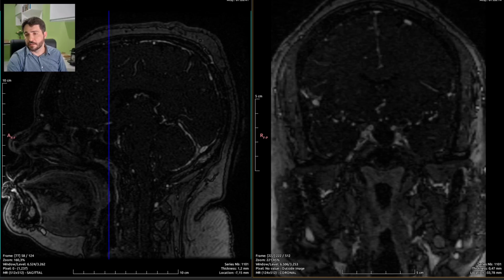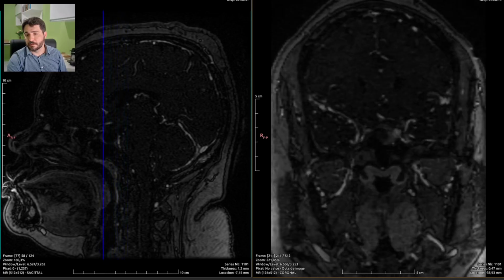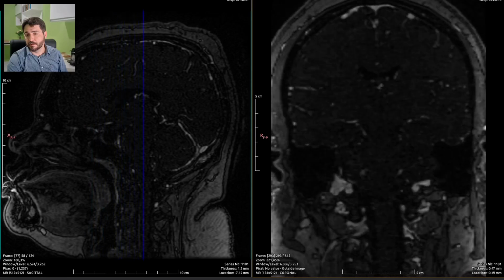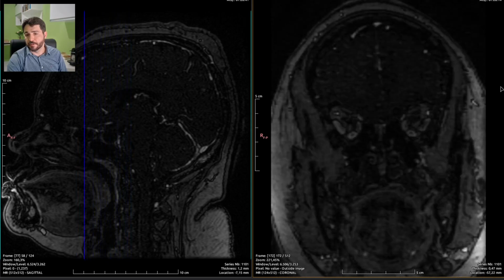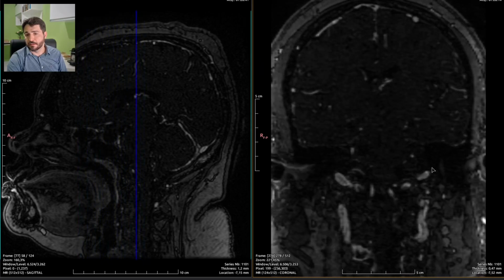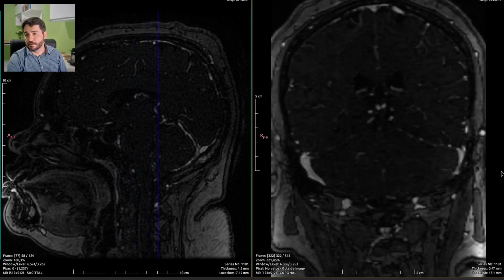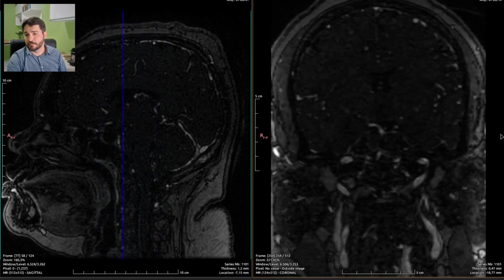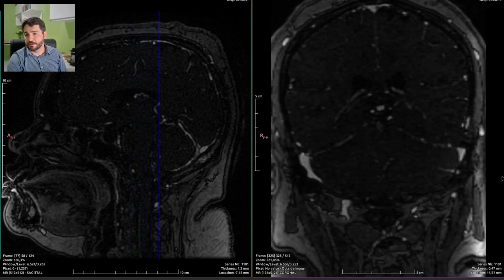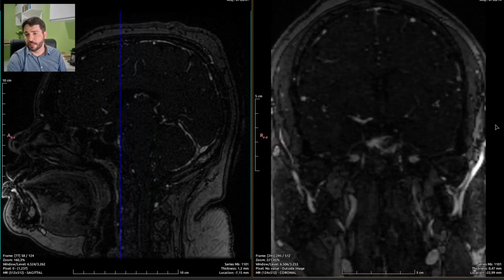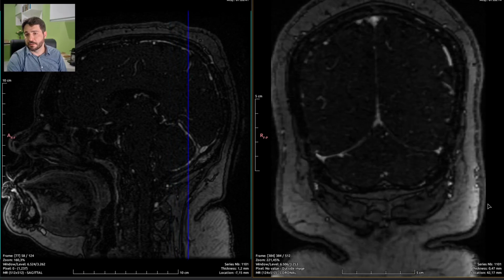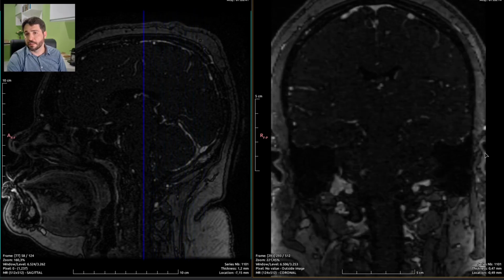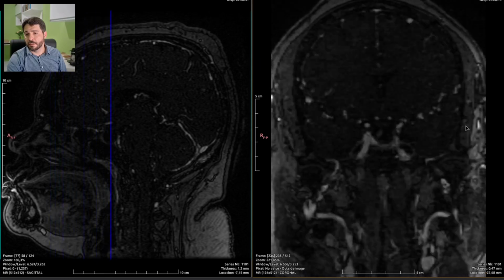These are the cavernous sinuses and the parietal sinuses and temporal sinuses, petrous sinuses, both superior and inferior, are all fine. The internal veins are fine. The straight sinus is fine. It's all right.